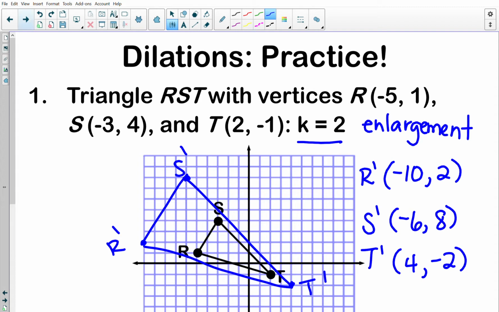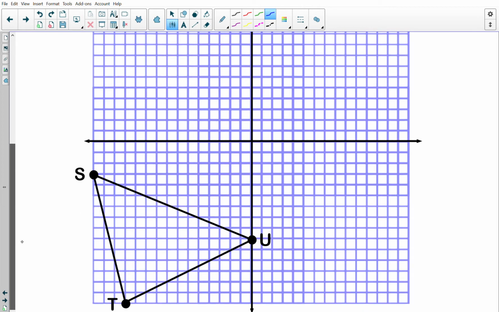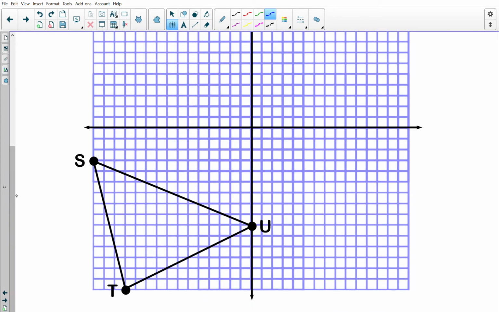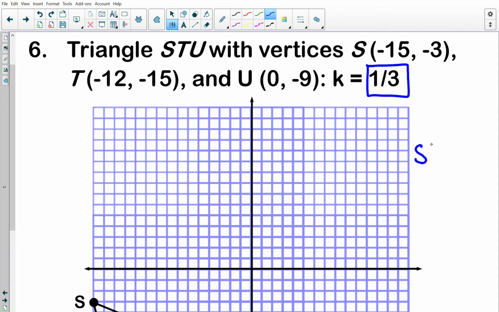And then for our last example, I have this 1/3. So if I come down here and look at my triangle, it's down here, but I can make things a little bit easier just by multiplying each of those pieces by 1/3. So this is going to be a reduction because that scale factor is less than 1.